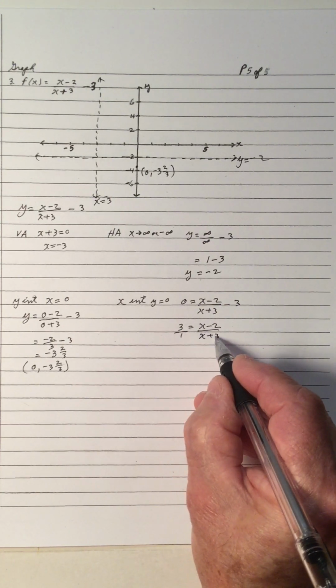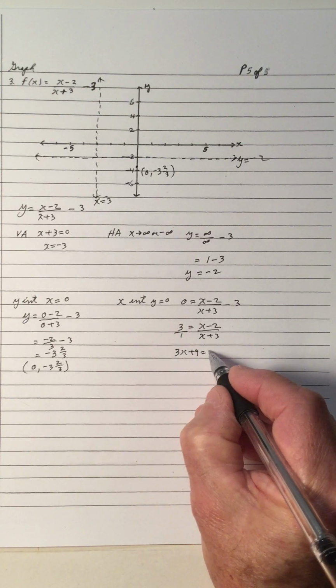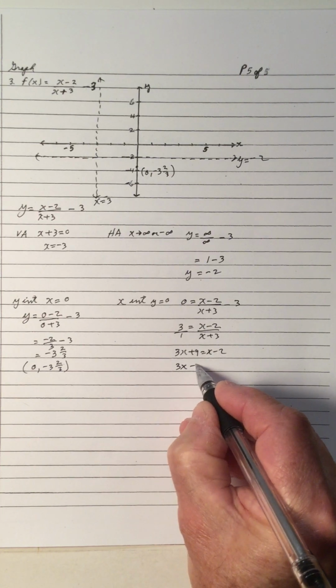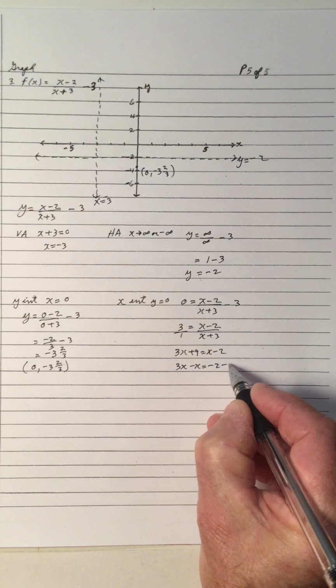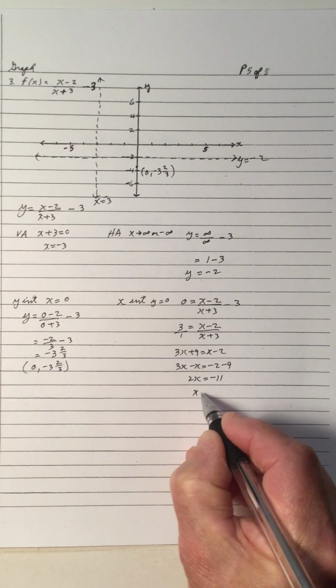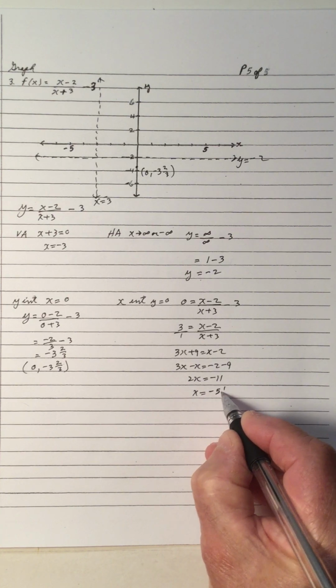So 3 times x plus 3 is 3x plus 9. 1 times x minus 2 is x minus 2. So that's 3x minus x equals negative 2 minus 9. 2x is negative 11. x is negative 11 over 2, which is negative 5.5.